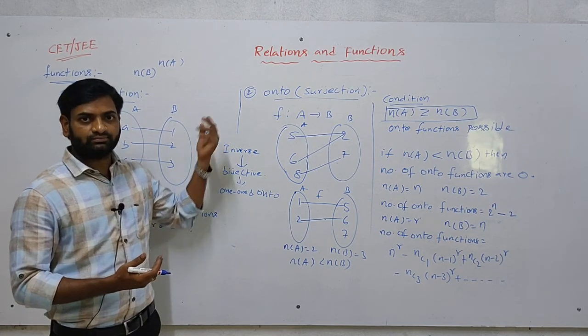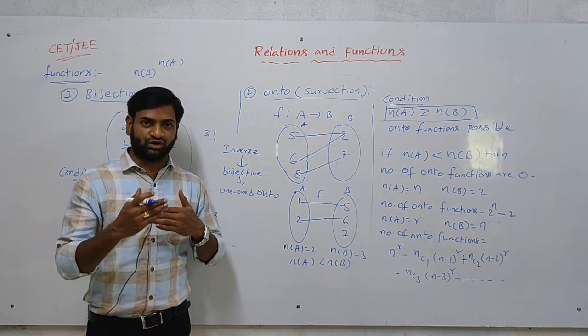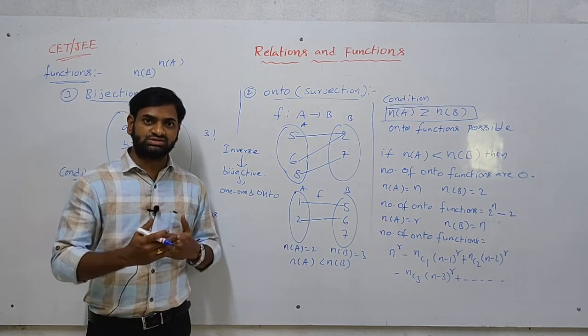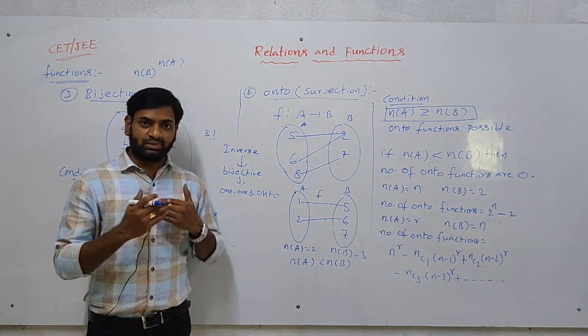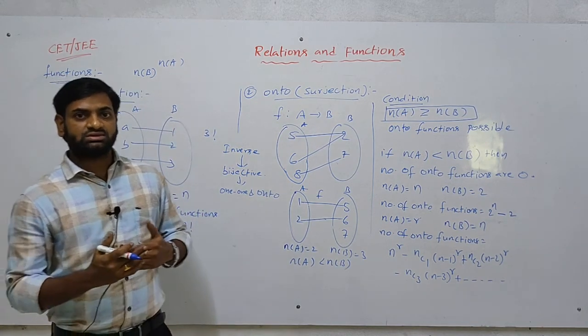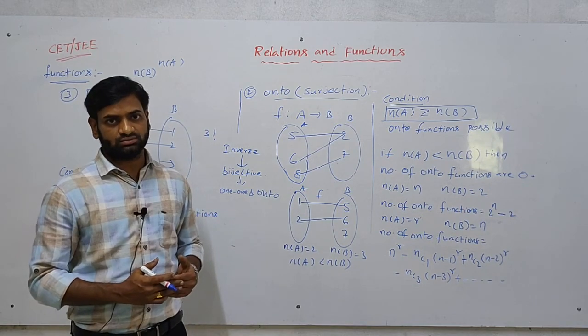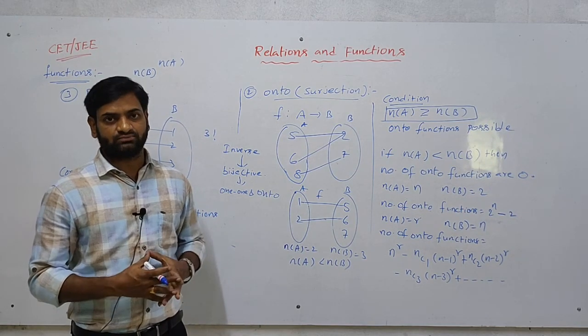So to find the inverse of a function, the inverse should first exist. That means it should be bijective, both one-one and onto. That is the inverse. Okay.